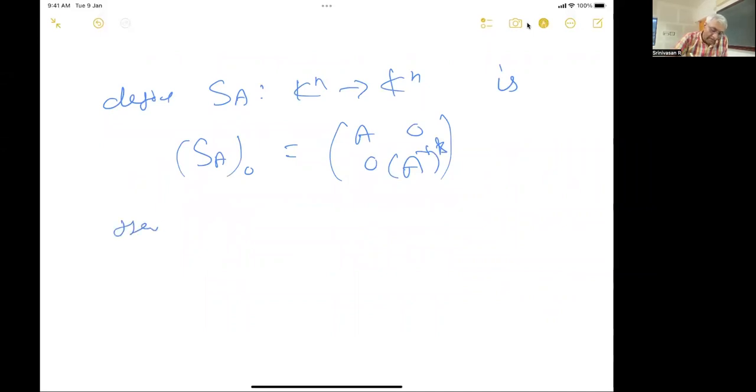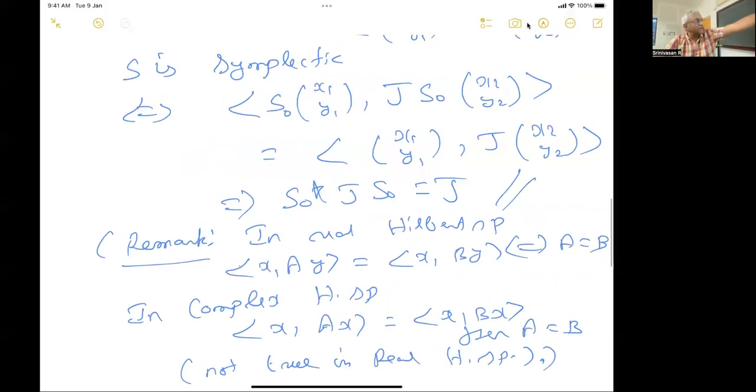Then we can verify that J S_A naught J inverse is equal to S_A star inverse, since we formulated the symplectic condition in this form.